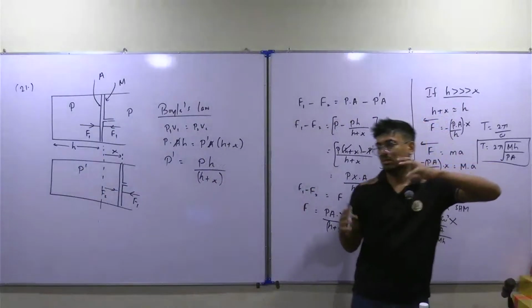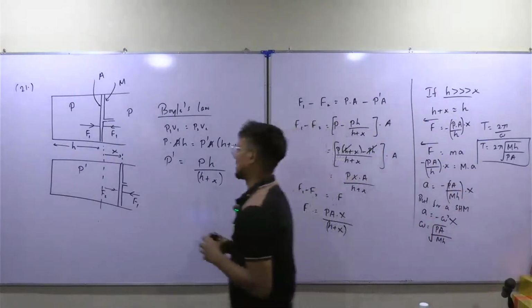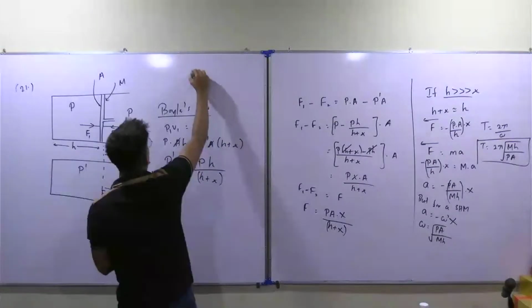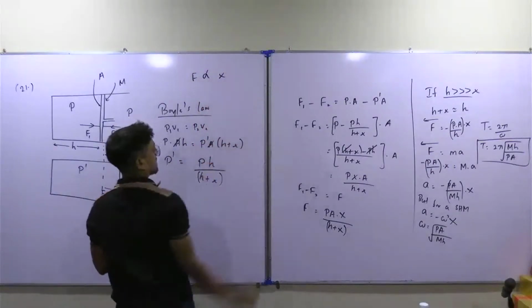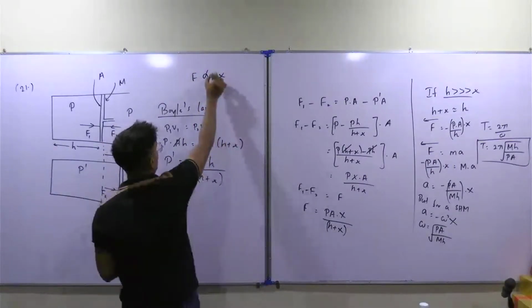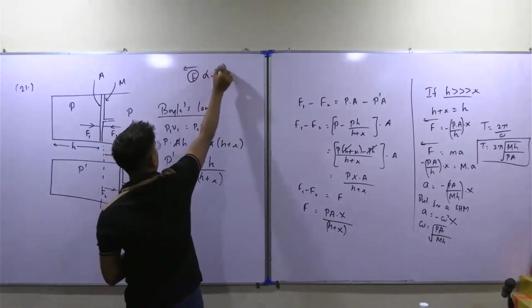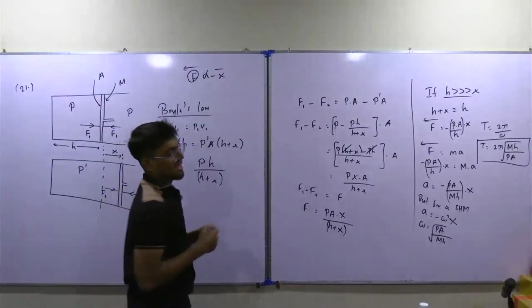Otherwise, we cannot assume that this motion is simple harmonic. For a motion to be simple harmonic, the resultant force should be directly proportional to the displacement from the equilibrium position, and also there is a negative sign. Why? What is the reason? The force and the displacement are always in opposite directions.